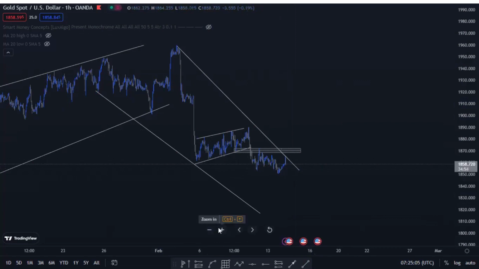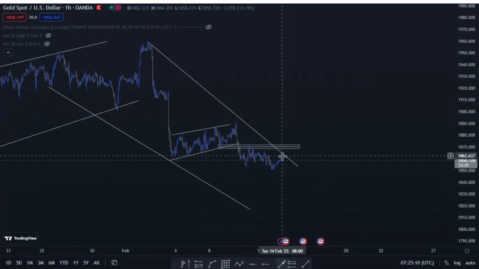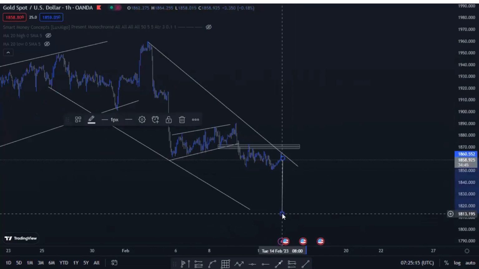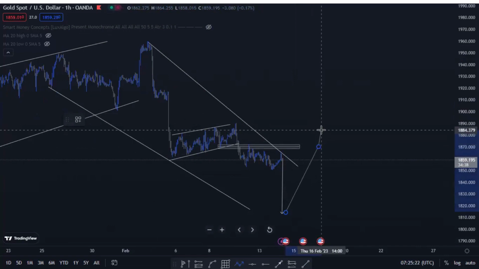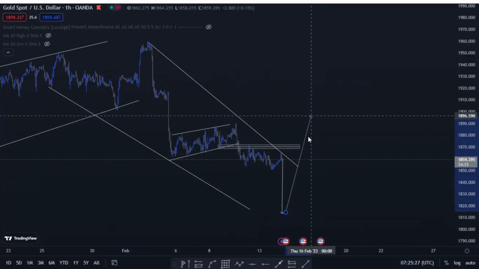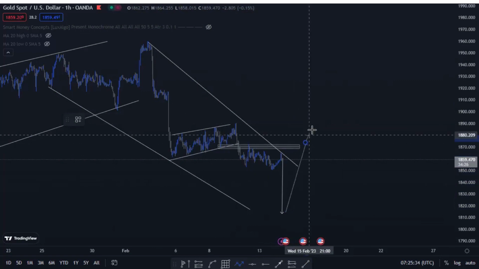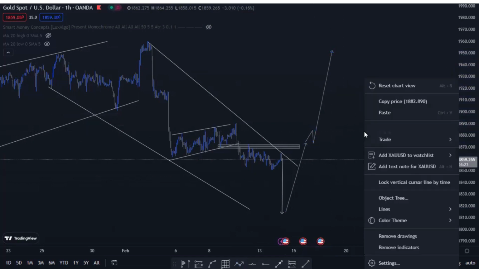I think the market is trying to sell to the downside, I don't know to which point, maybe this point, before going up, breaking out, coming back, retesting that level, and continuing the upward movement.